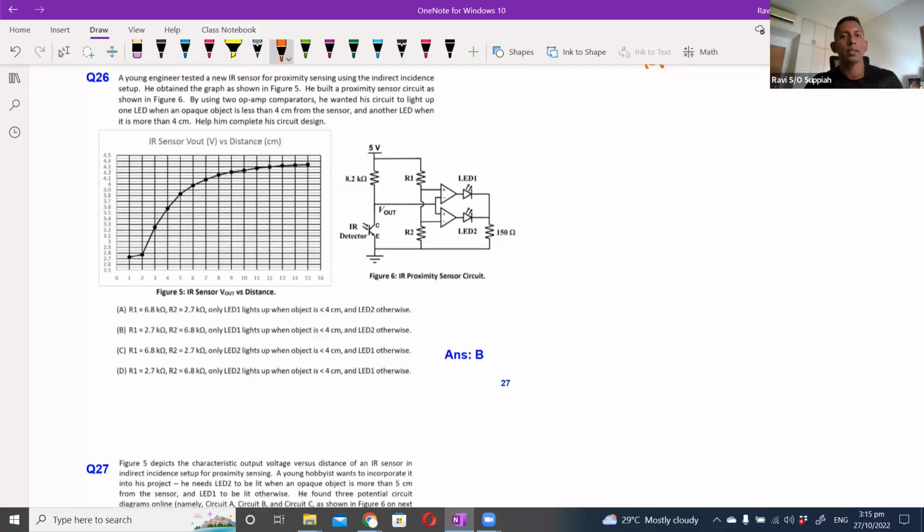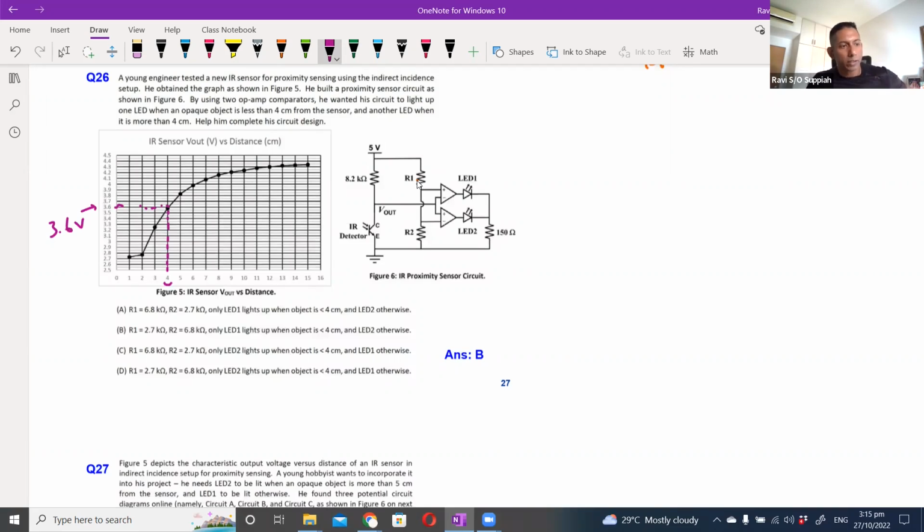The first thing is we need to see what 4 centimeter relates to. So 4 centimeter here will relate back to 3.6 volts here. So what we want to do is compare with 3.6 volt.